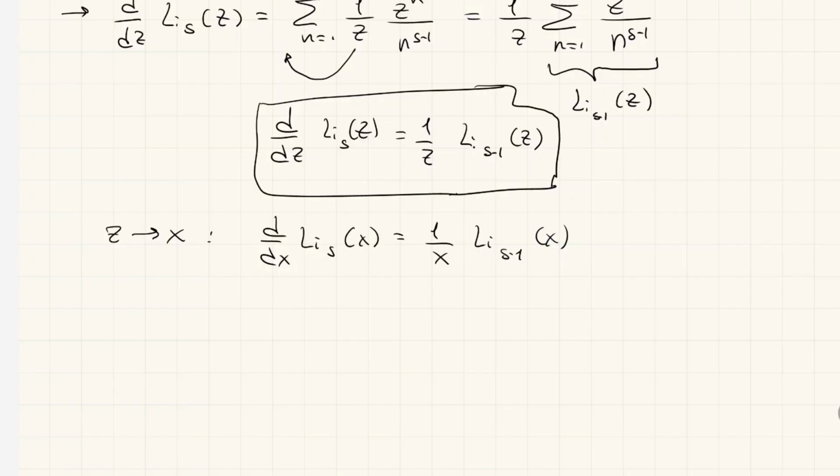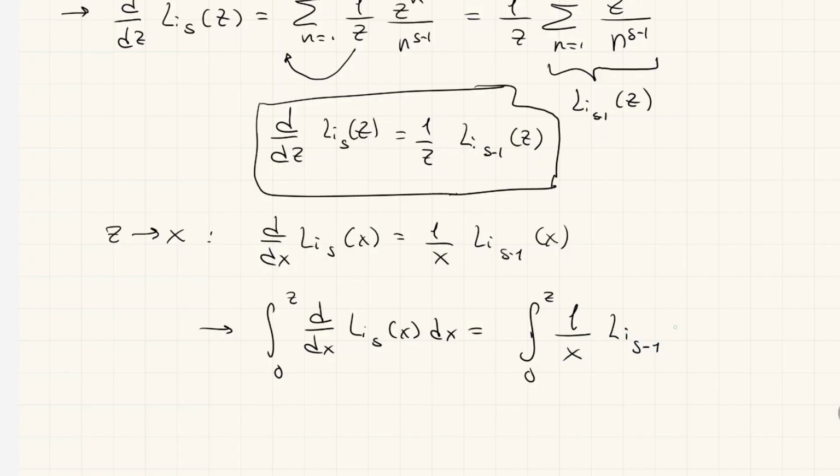So taking the integral on both sides, let's rewrite it. We get that the integral from 0 to z of the derivative with respect to x of Li sub s of x dx equals the integral from 0 to z of 1 over x Li sub s minus 1 of x dx.